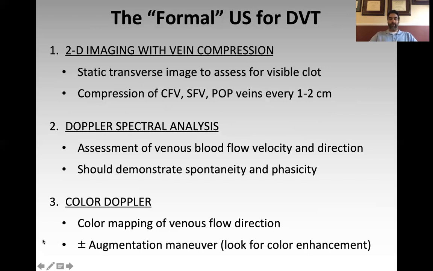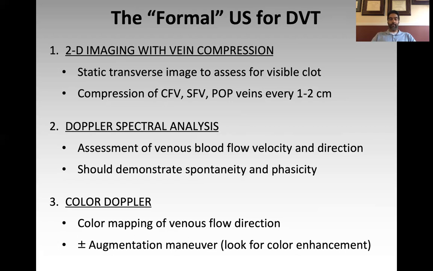So when you order a formal DVT ultrasound, a tech comes and does the scan, and the radiologist interprets it. This is what you get: a three-component study. The cornerstone of the study is, number one, 2D imaging with vein compression, where you image various high-yield locations in the lower extremity deep venous system, and you compress, trying to assess for both visibility of clot and compressibility of the vein.